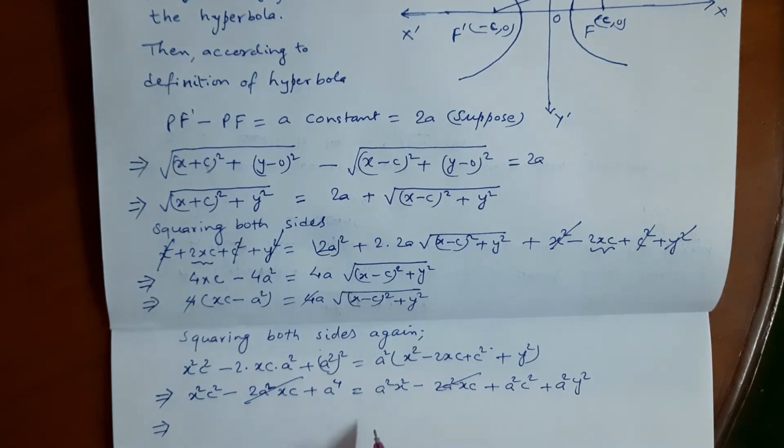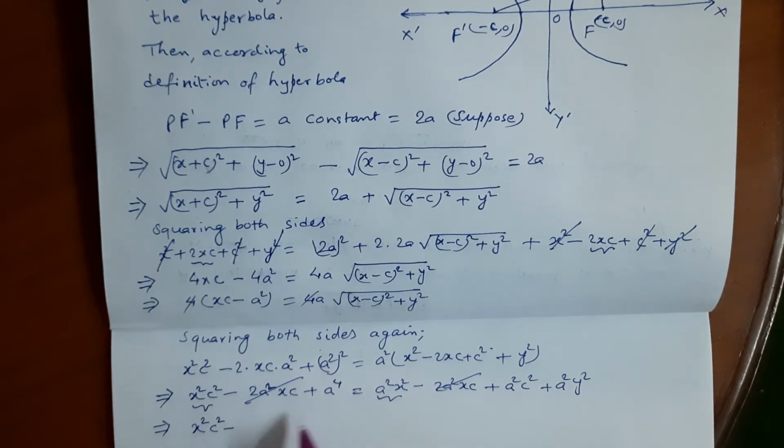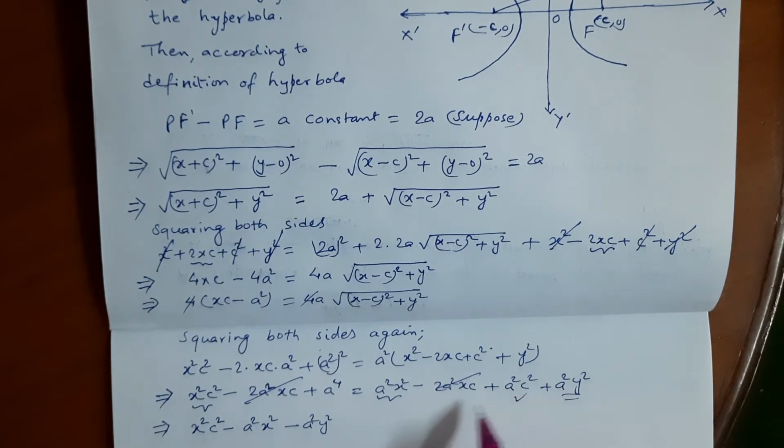Okay, and here x square c square and a square x square we can put in one place, then it becomes x square c square minus a square x square, and this can be brought to the left hand side, so it will be minus a square y square. And we have this a square c square and a power 4 left. This a square c square, and a power 4, when brought to the right side, becomes minus a power 4.